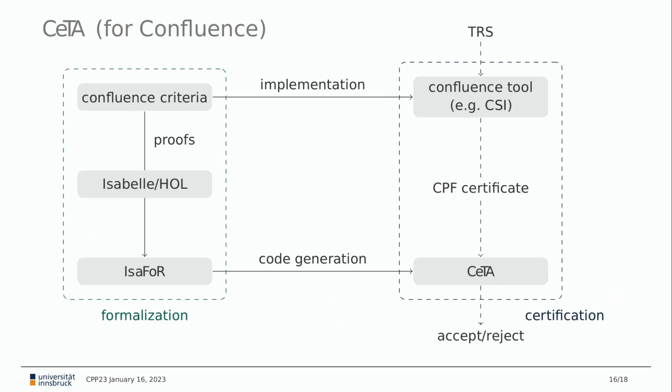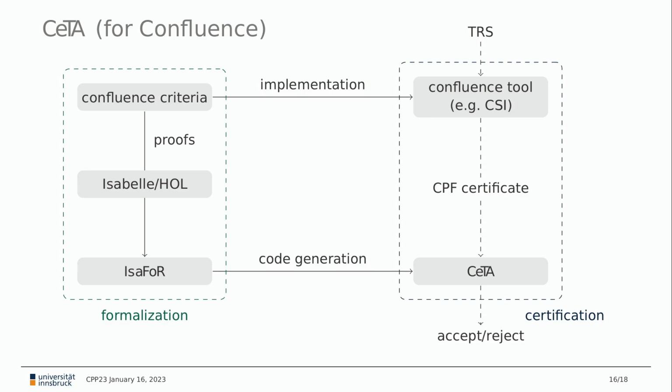Briefly I want to talk about the certification stuff. So we included this result in the IsaFoR library, which is being developed in Innsbruck. From this library we use the code generation feature of Isabelle to obtain the tool CeTA. CeTA stands for Certified Tool Assertions, and CeTA is then able to verify certificates.